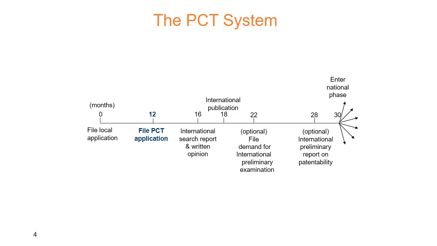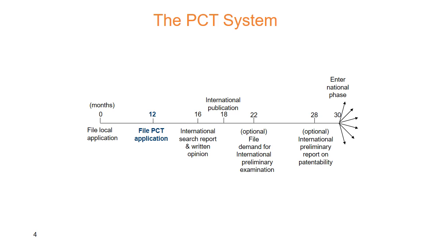Next, after filing from month 0, it extends up to 12 months, within which we file the PCT application. To file the PCT application, the applicant files the national application along with the international application in only one language, paying a single set of fees.